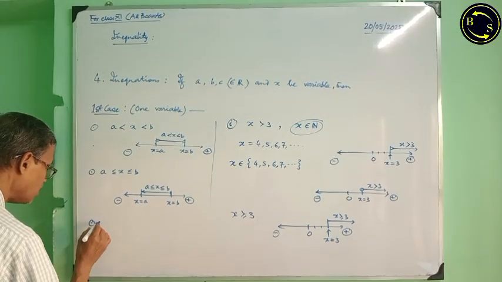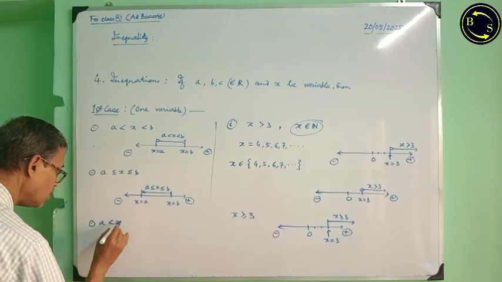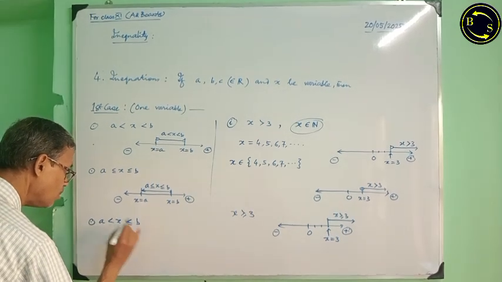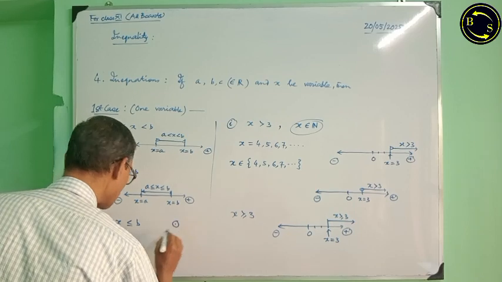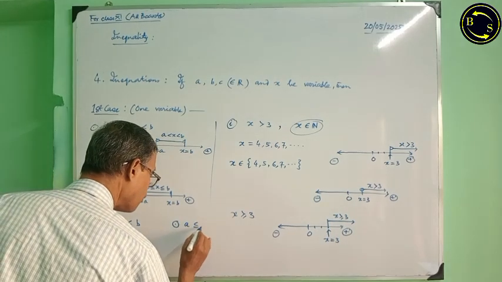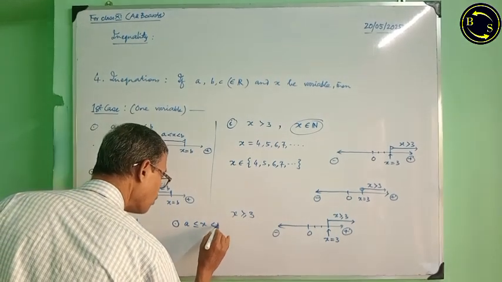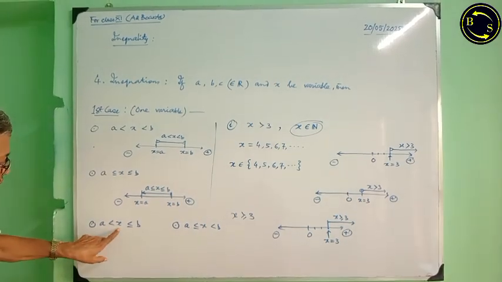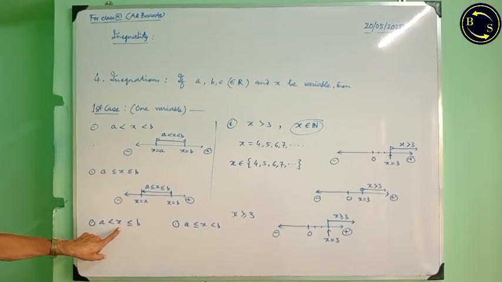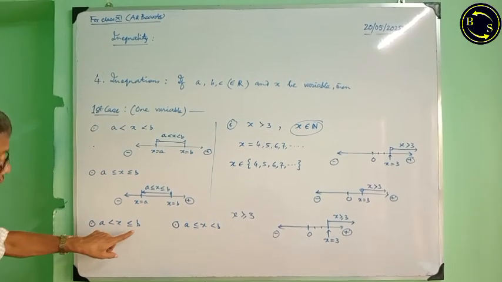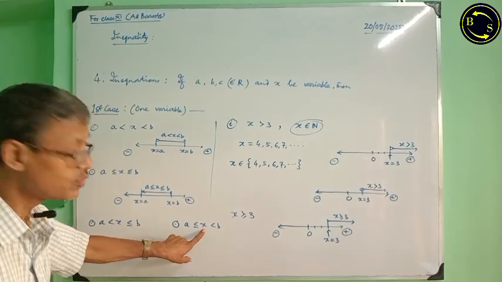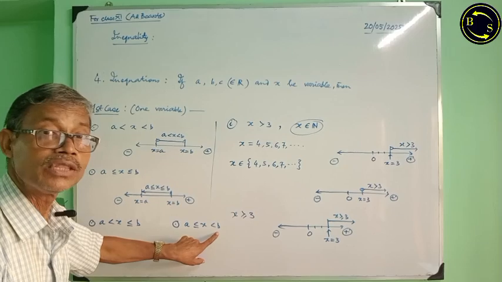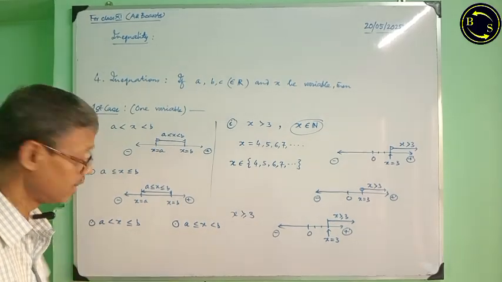Next, there are two more cases. In this case x can take values within a and b and the value b. In this case x can take values within a and b along with the left hand value a.